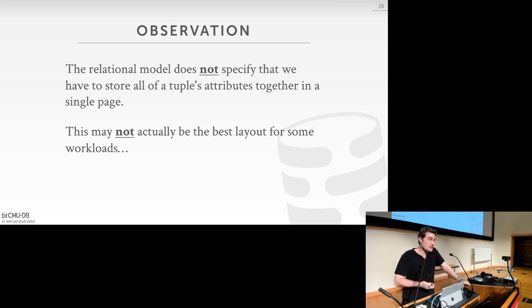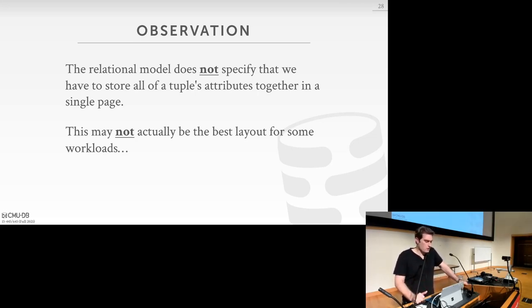And in fact, as we've seen, a lot of different systems store the data in all sorts of different ways. There are different page layouts, slotted pages, log structured pages, all different options there. There are also all different kinds of options in storing individual data types.